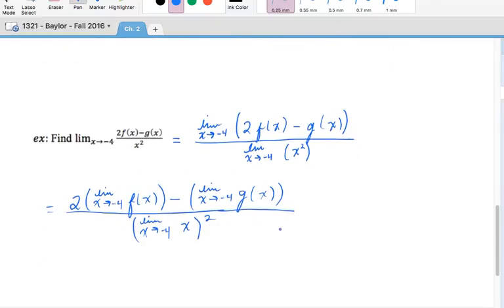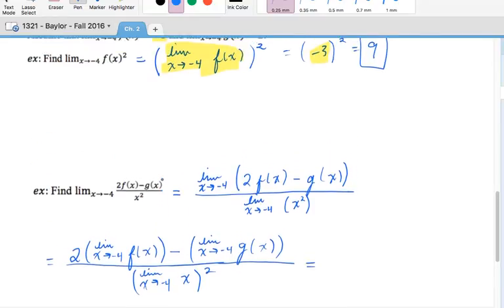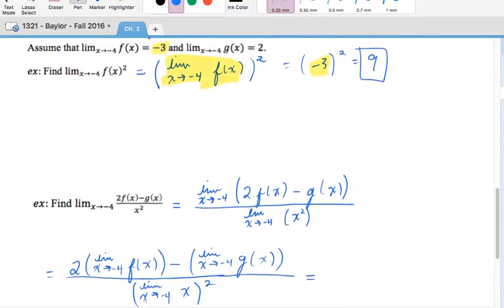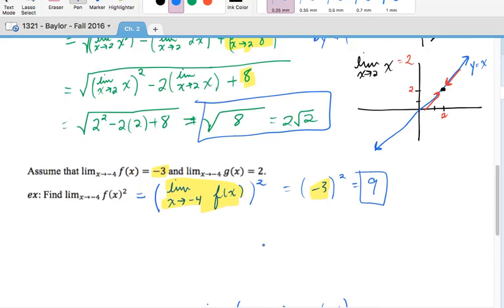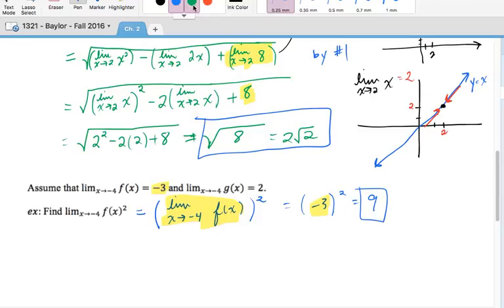Now, in the numerator, the limit as x approaches -4 of f of x is given right here as -3. So we have 2 times -3 minus the limit as x approaches -4 of g of x, which is given to equal 2. And then the limit as x approaches -4 of x can be found by looking at this graph right here. Here's 1, 2, 3, 4, that's going to put you 1, 2, 3, 4 down.